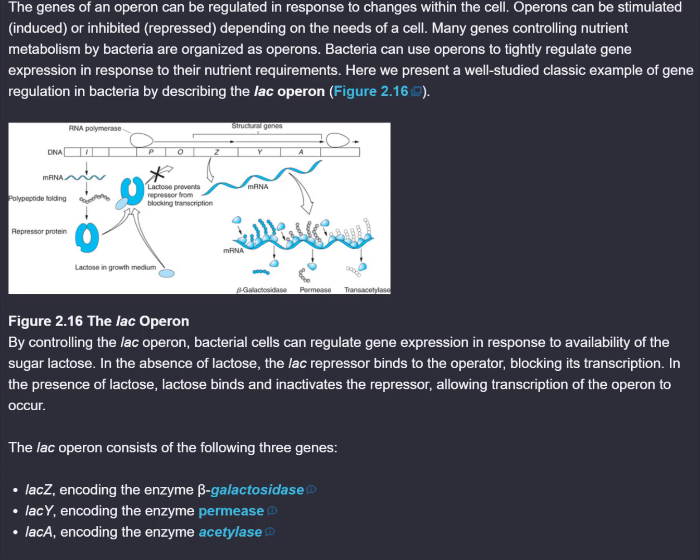Operons can be stimulated, induced, or inhibited, repressed, depending on the needs of a cell. Many genes controlling nutrient metabolism by bacteria are organized as operons. Bacteria can use operons to tightly regulate gene expression in response to their nutrient requirements. Here we present a well-studied classic example of gene regulation in bacteria by describing the lac operon, Figure 2.16.